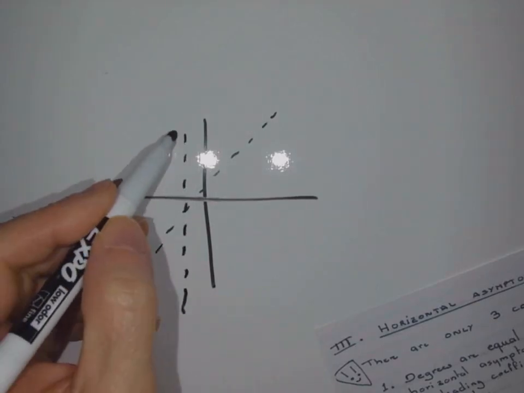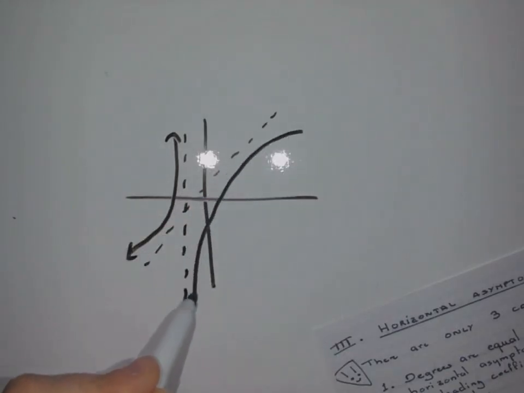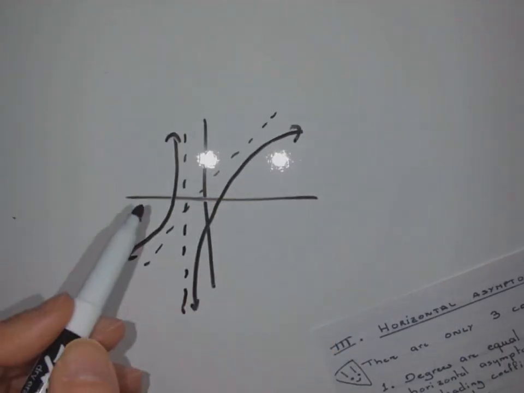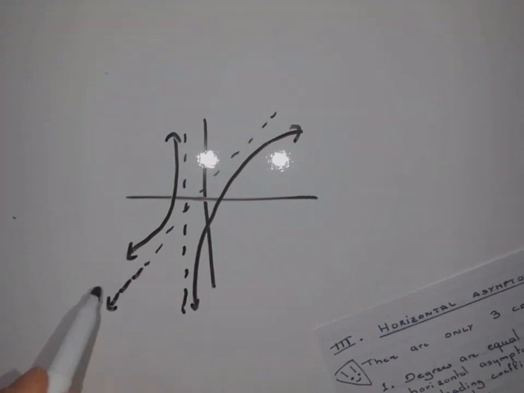Well, if that's my slant asymptote here, it's going to take my graph, right? My curve is going to follow this asymptote. So where are those y values going? To negative infinity. Where are those going? Those will be going up to positive infinity, right?